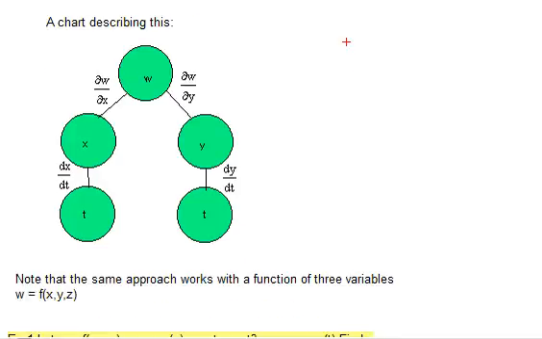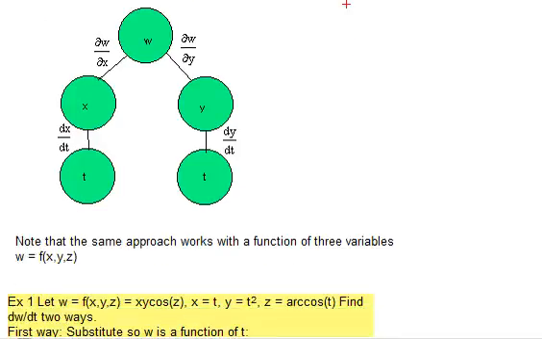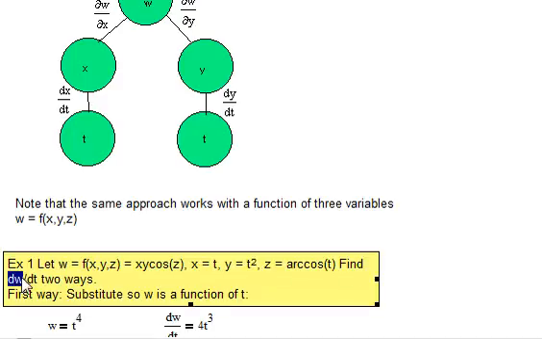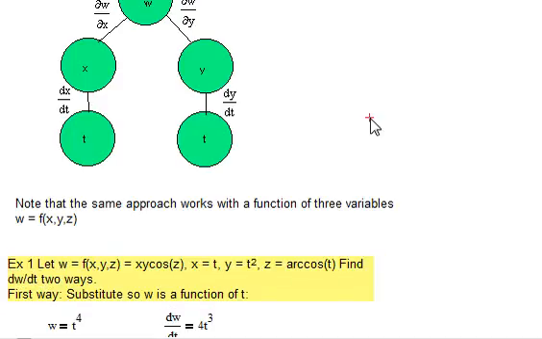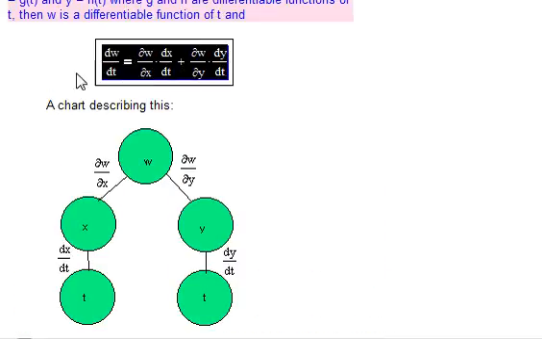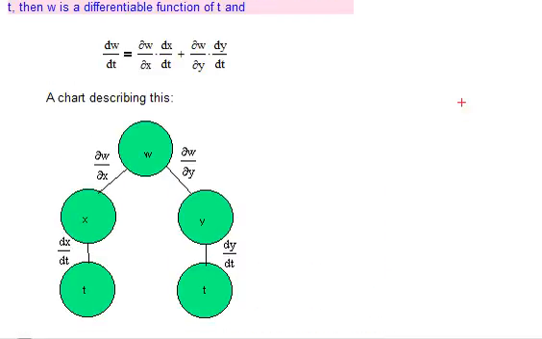Anyway, same approach works for functions of three variables. I will show you both ways of calculating dw/dt. First, I'll use substituting everything back and making it a function of one variable only, and then I'll use this idea and show that they're the same.